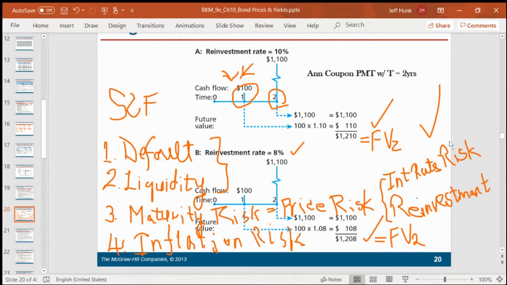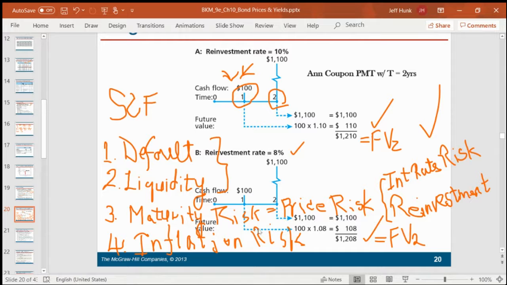Company specific, in other words, bond specific. But the third one and the fourth one are not company specific. They hit every company across the board, every bond issuer, I mean, every bondholder across the board, right?